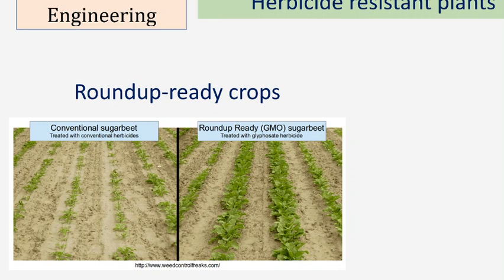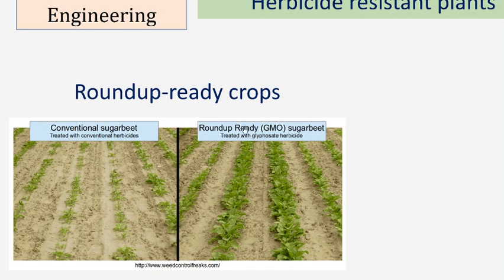This glyphosate chemical is strong enough to kill most of the herbs or weeds present inside the field. But this glyphosate, its commercial name is Roundup.